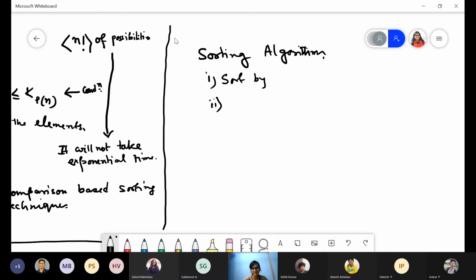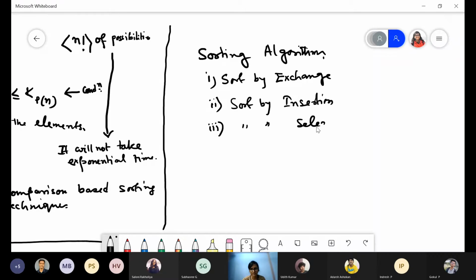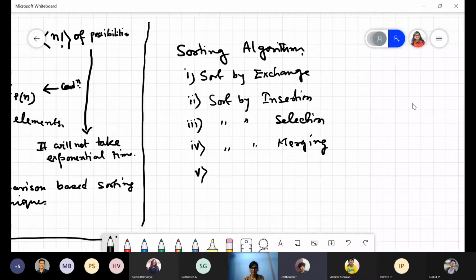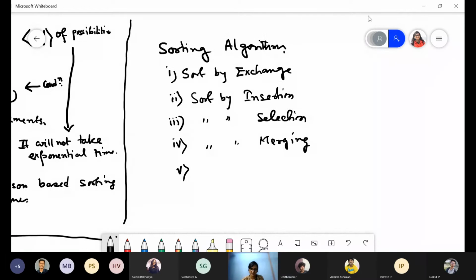Sort by exchange, bubble sort is exchange, right? Then sort by insertion, selection, merging. What else? Partitioning. Partitioning means quick sort.